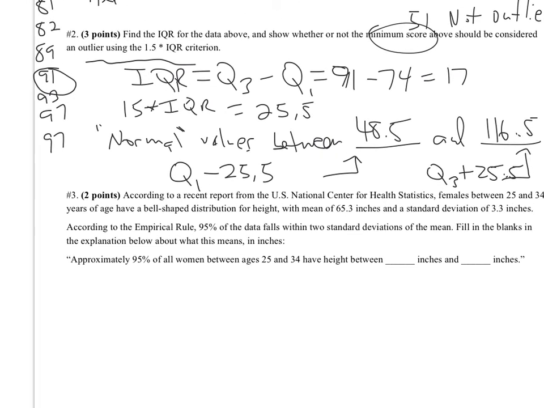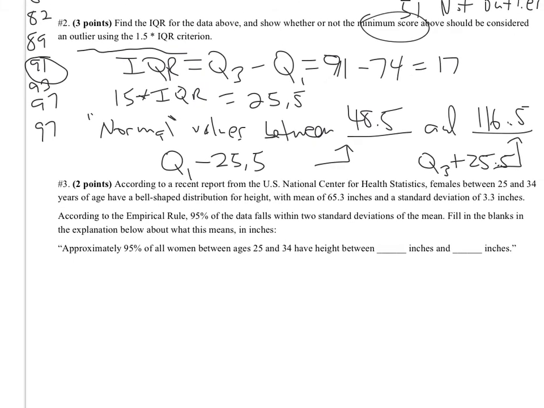Okay, the last question is about using the empirical rule. The empirical rule says things like this. It says a certain amount of the data falls within some number of standard deviations of the mean. So we need to make sure we understand what that means.